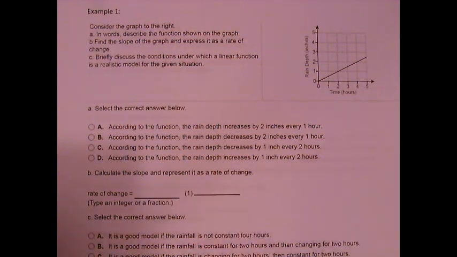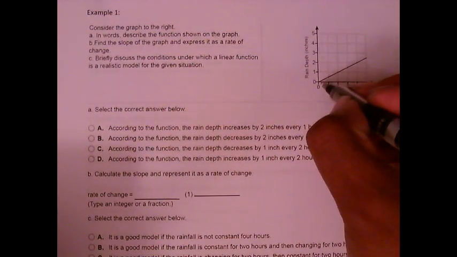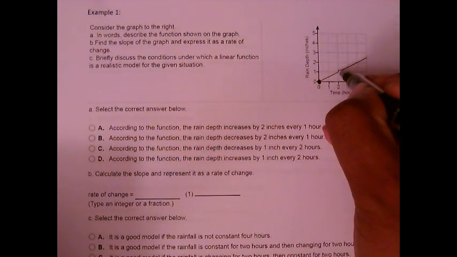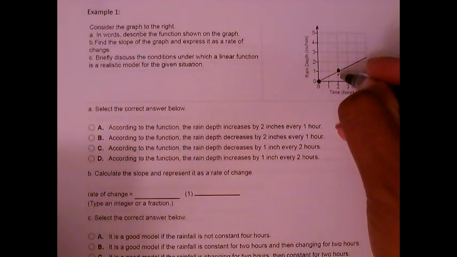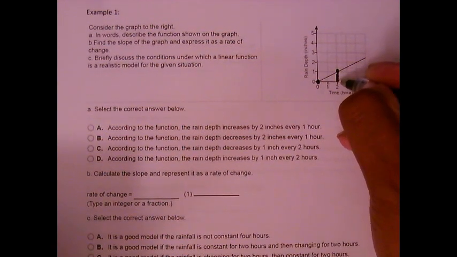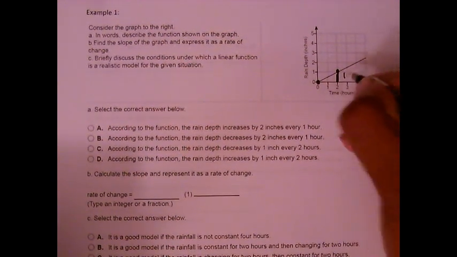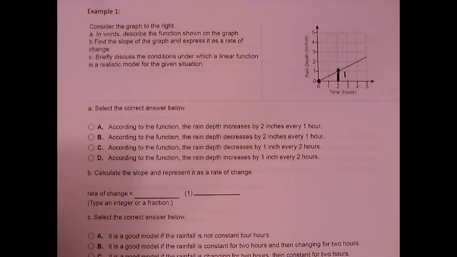Okay. Now in part A, we're going to select the correct answer here. Now here we're dealing with I think 2 and 1 here. So if I look at this point and this point here on the graph and look at that particular slope here, the change in the dependent variable, which is this right here, that change is a distance of 1.